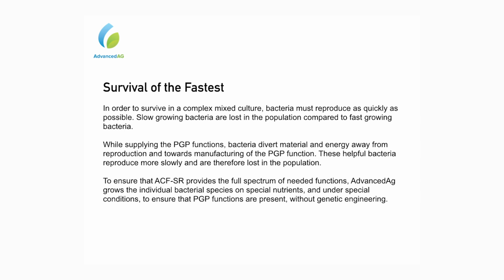While they are doing those things, they're using the material and energy that they have to produce those products, those functions, and their reproductive rate slows down. It's literally just by definition, if you're making things that aren't directly related to your reproduction, your rate is down because you only have so much material and energy left.